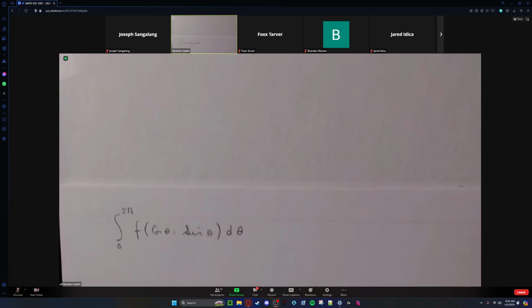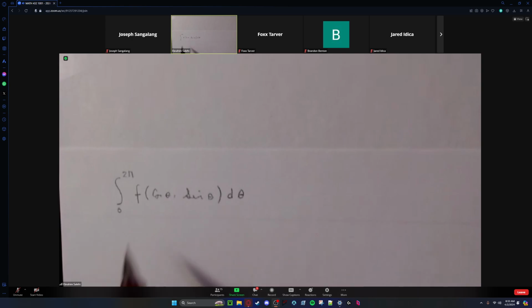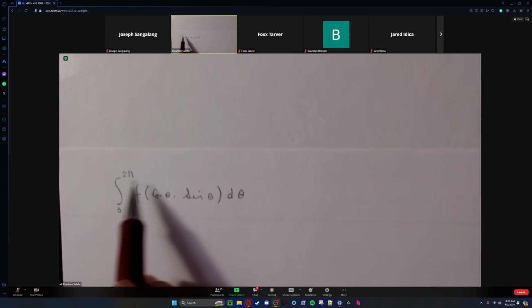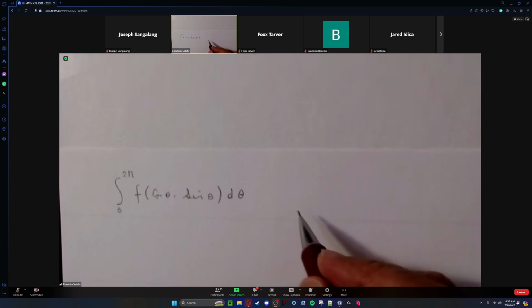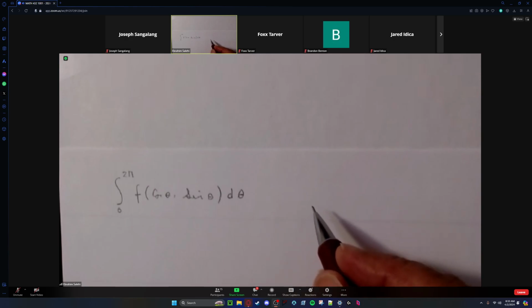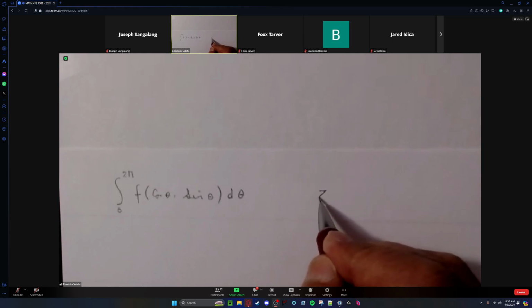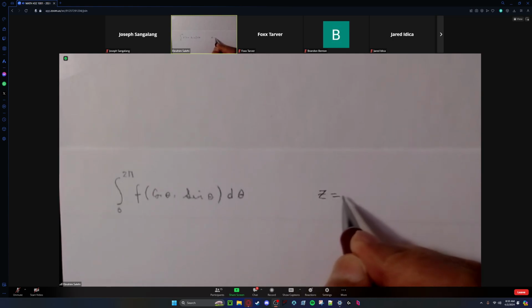For this type of integration, we learned, and I gave you an example, how we convert this to integration over a unit circle, by simply choosing z to be e to the i theta, all right?